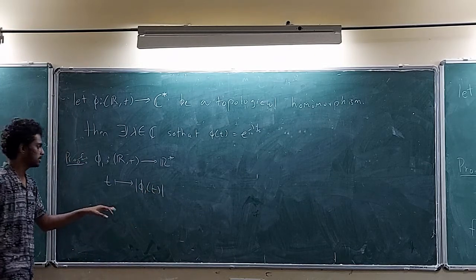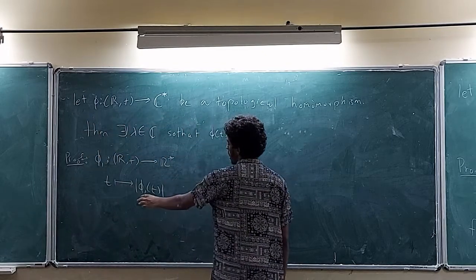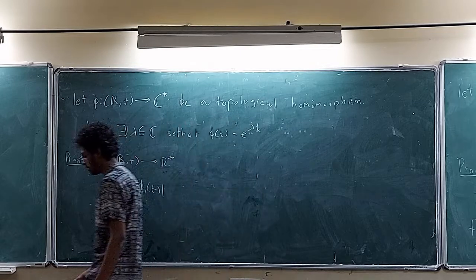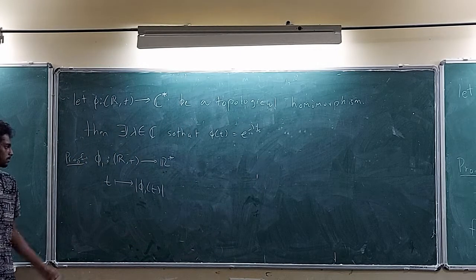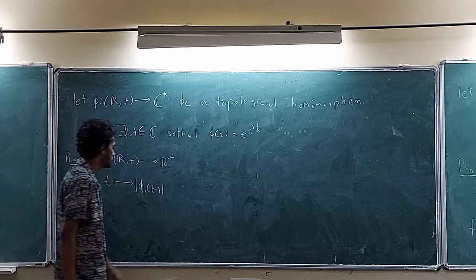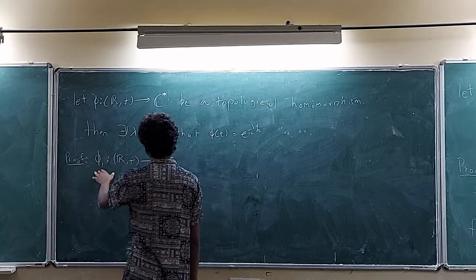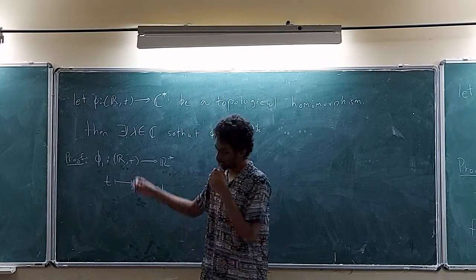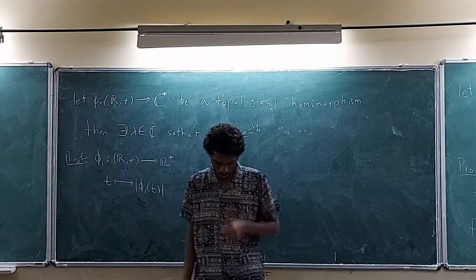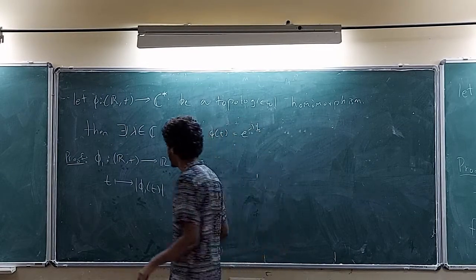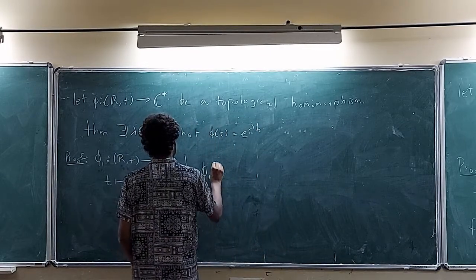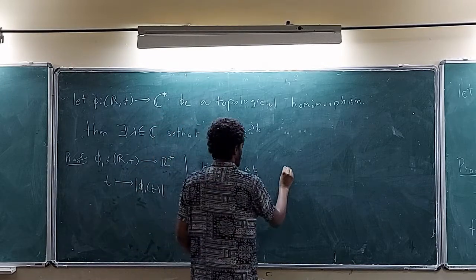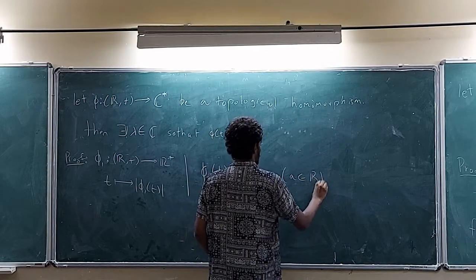This is again a homomorphism because mod is multiplicative and the group that we are acting on is the multiplicative group, and obviously mod is a continuous one. So phi 1 is in fact a representation of R plus to R star, and we have already studied those kinds of representations. So that is to say that phi 1 of t is equal to e to the power a t for some a belonging to R.